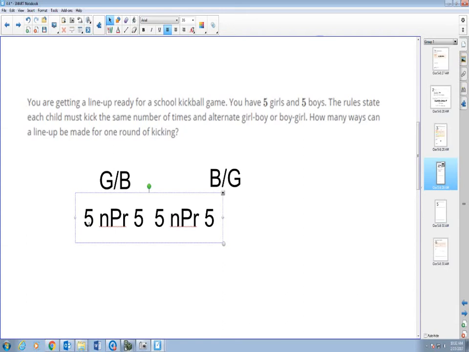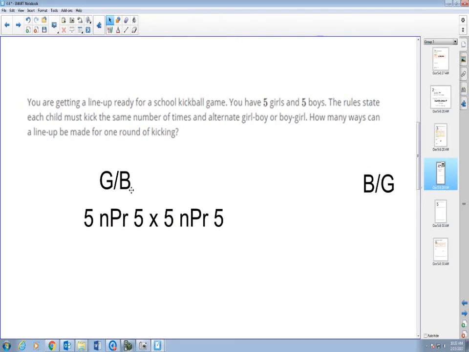So the girls followed by the boys, one task followed by the other, we will multiply. The word "or," as you can recall, means adding. So this right here is the girl-boy lineup.